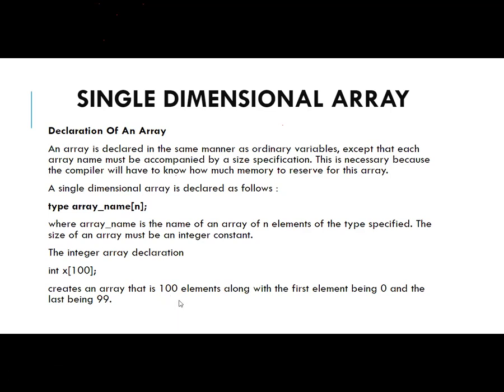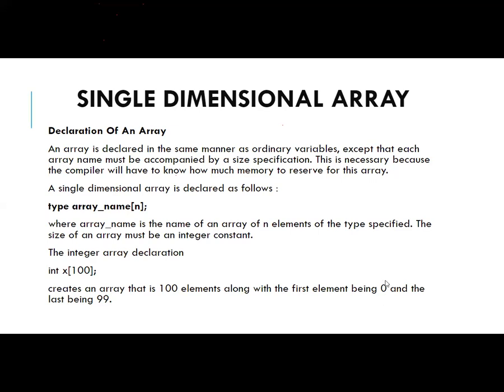Now I told you that although all these 100 integer values have the same variable name, all of them are stored in variable x. But how will you differentiate these elements? You will be differentiating it by the index position, by the position.